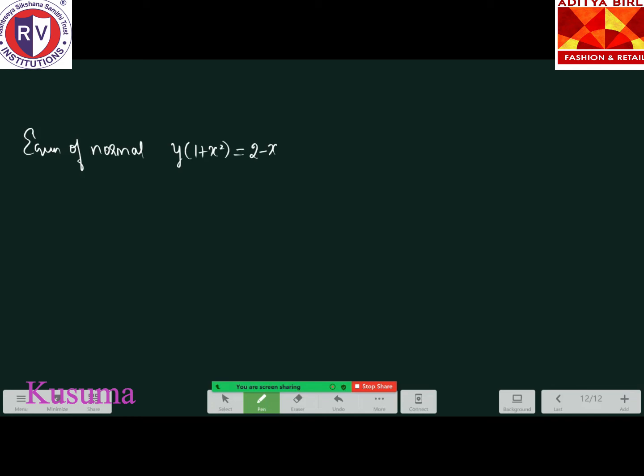This is the equation where the tangent crosses the x-axis. You have to find out the equation of the normal to the curve where the tangent crosses the x-axis.